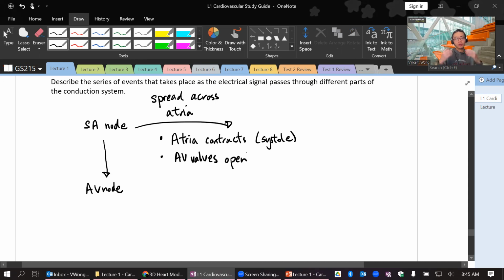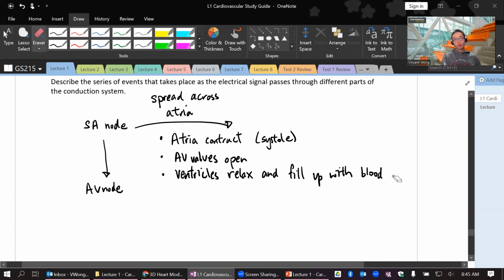You must open the AV valves for the blood to go down to the ventricles. So the AV valves open, atria contract, that's a plural, and the ventricles relax and fill up with blood. Of course, the blood is coming from the atria above.